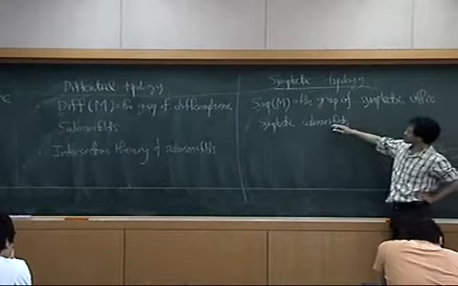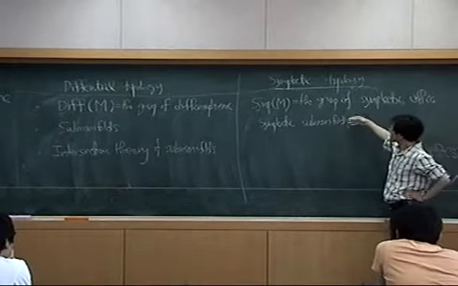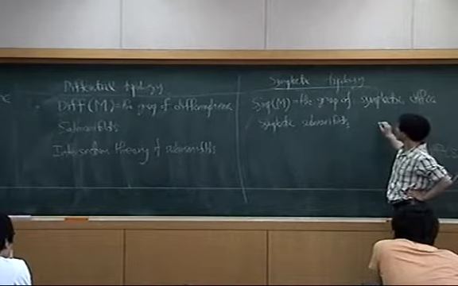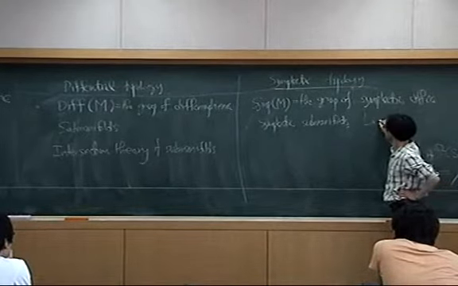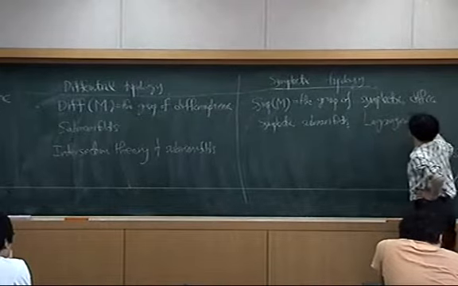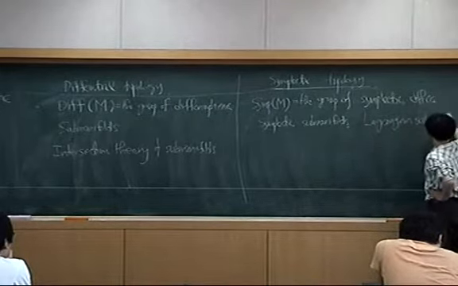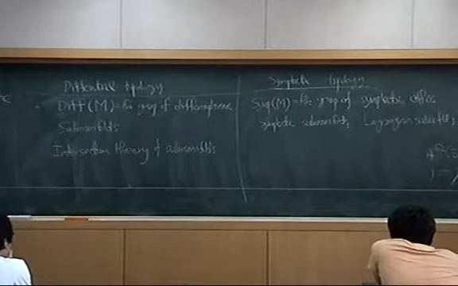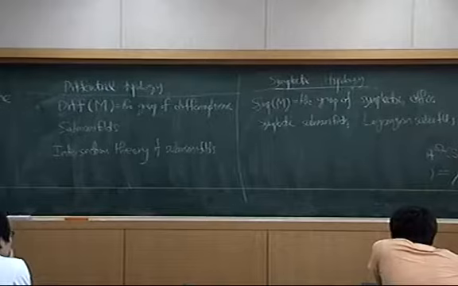Or, some kind of extreme opposite of symplectic submanifolds, there is also the notion of Lagrangian submanifold. In this two-dimensional example, this curve is an example of a Lagrangian submanifold, but it's not symplectic.